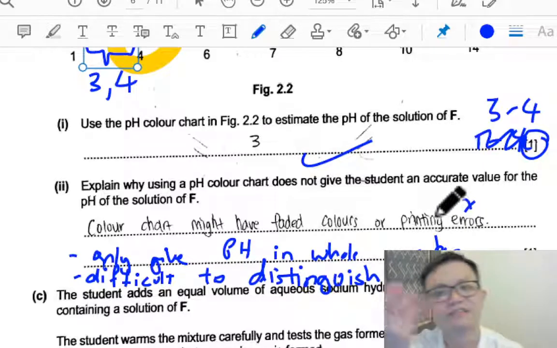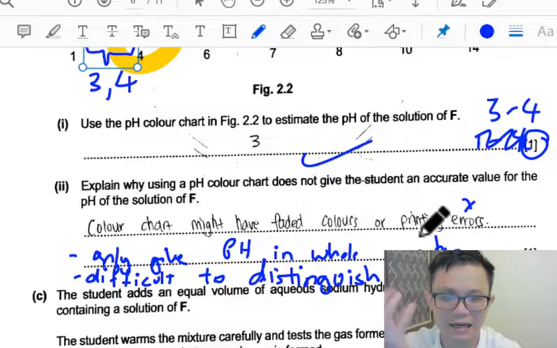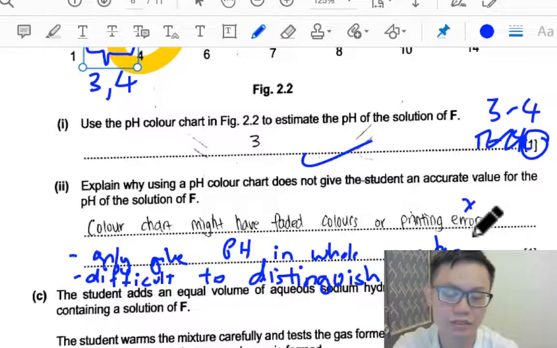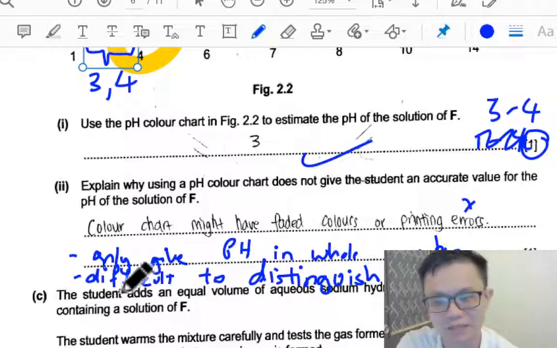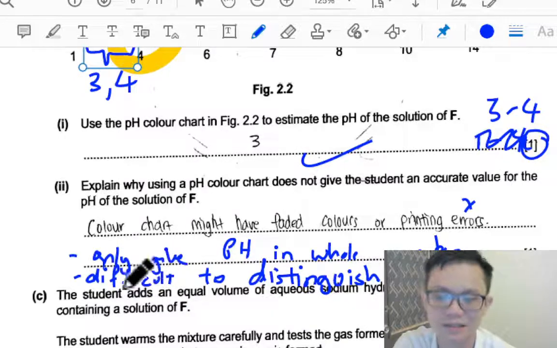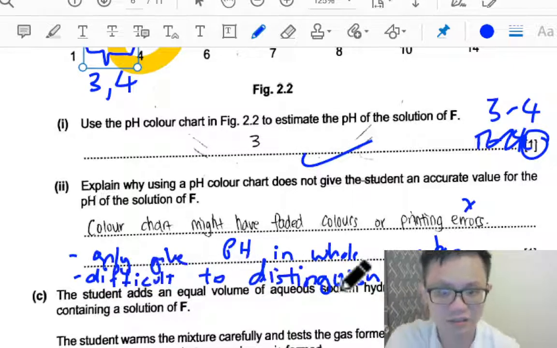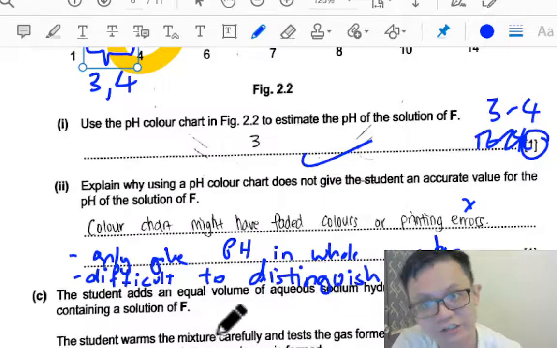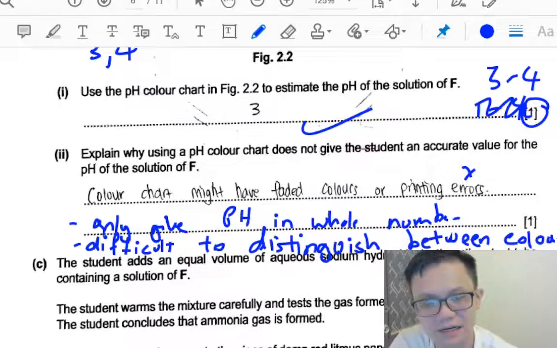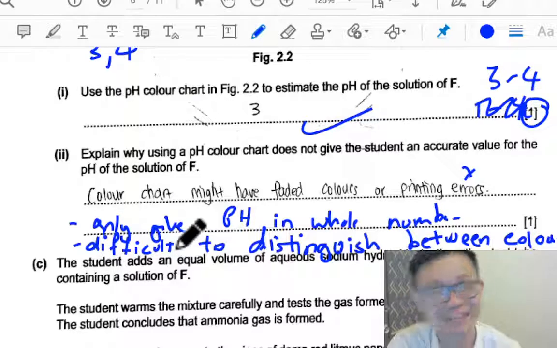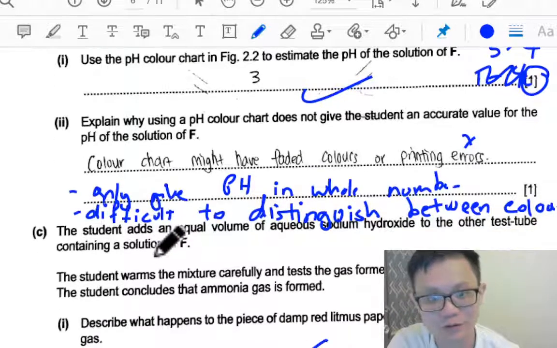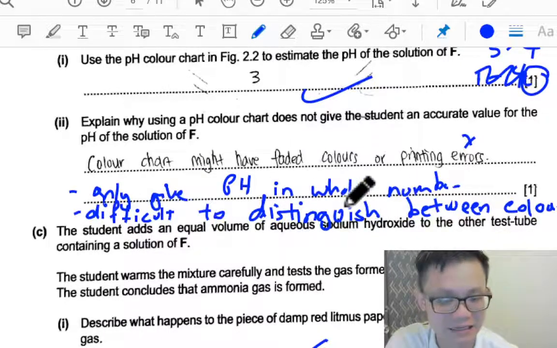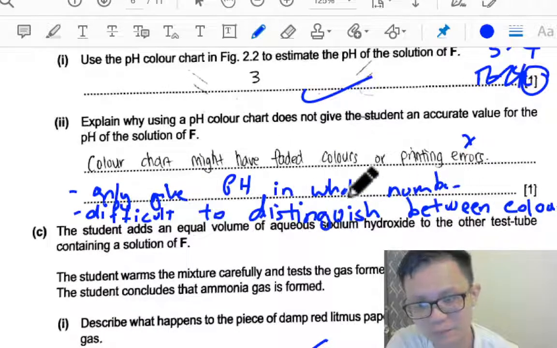Of course it's still correct, but because it's not in the marking scheme, I just didn't give it. There are 3 answers, but I think the best answer is that it is difficult to distinguish between colors, because each person sees differently. Maybe I'm colorblind, that's why I'm wondering whether I'm biased when I say this answer, because I am slightly colorblind. So when something relates to color, it is more difficult for me.